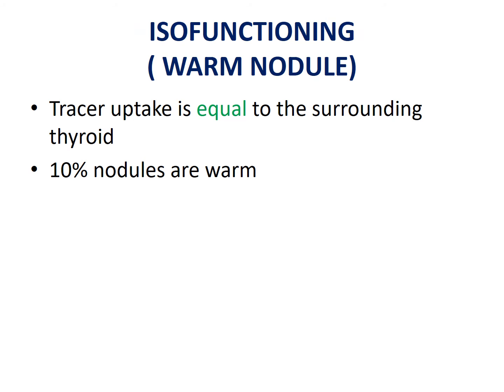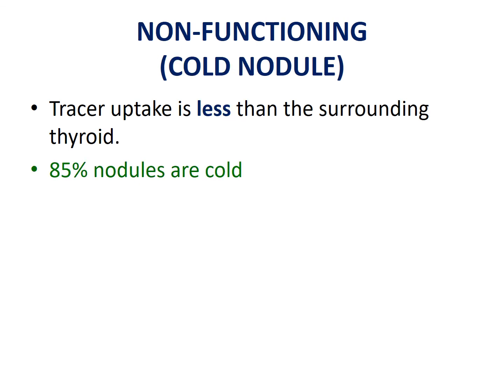Then the thyroid scan may tell us that this is a warm nodule. A warm nodule would be the one where the tracer uptake is equal to the surrounding thyroid. And 10% of the nodules are warm. Then the thyroid scan may tell us that it's a cold nodule.